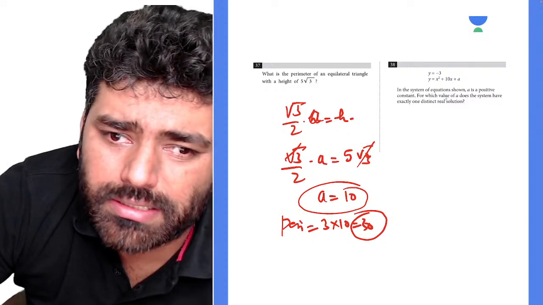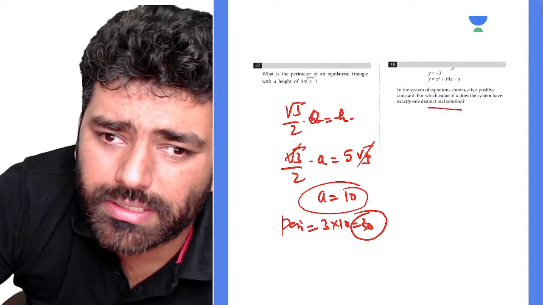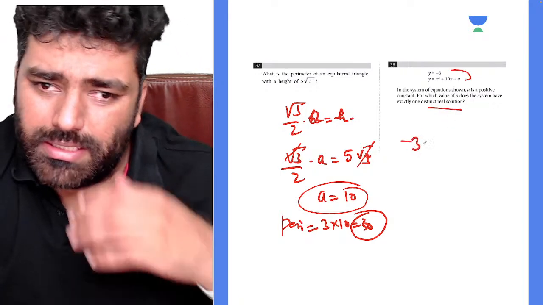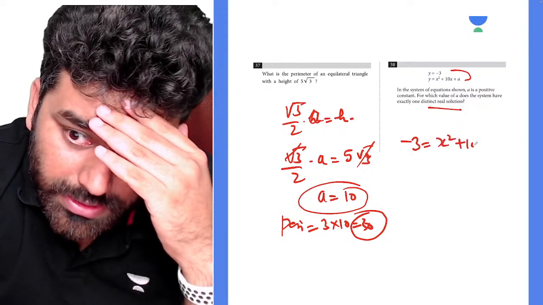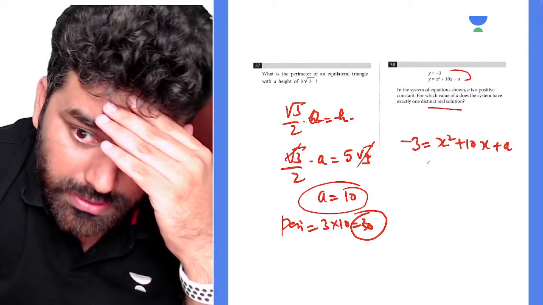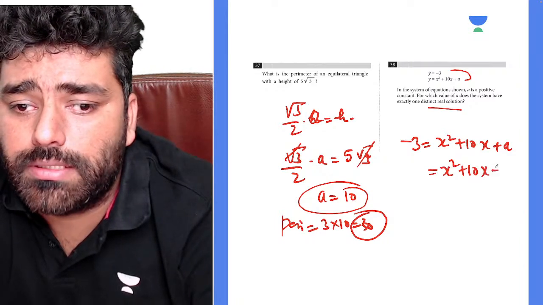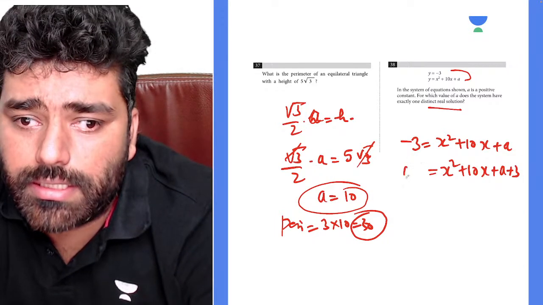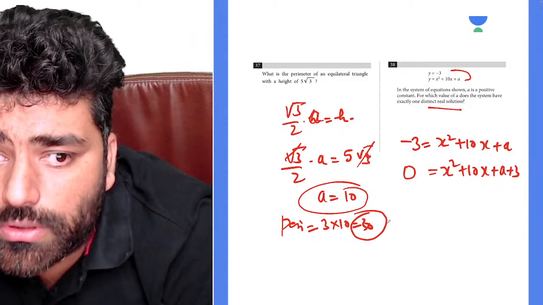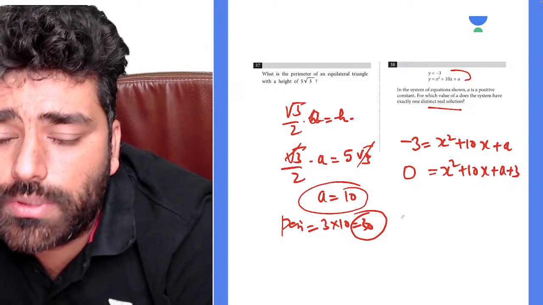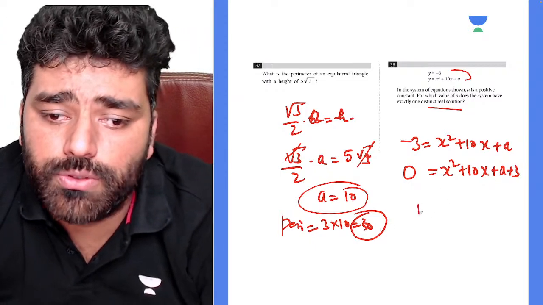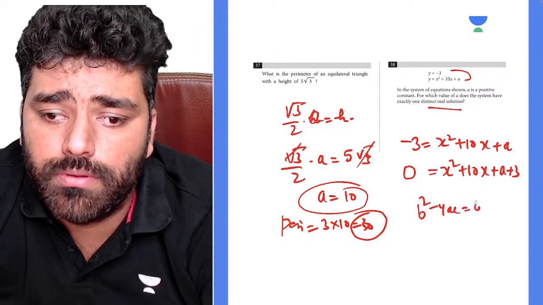So this has one distinct real solution, so you can keep them equal. So minus 3 is equal to x square plus 10x plus a. So you can write down x square plus 10x plus a plus 3. This has exactly one distinct real solution. That means b square minus 4ac is equal to 0, right?